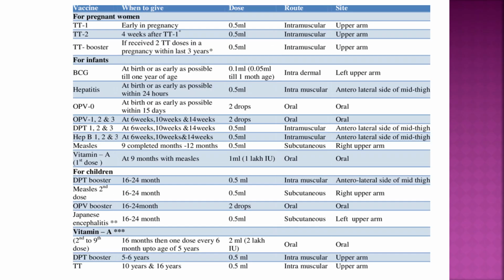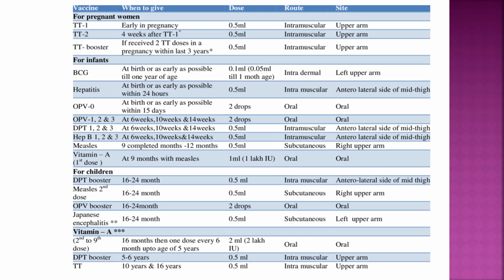This is the immunization schedule given for children. First, within 1 week of birth you have to give BCG, then polio, and then at 1.5 month, 2.5 month, and 3.5 month you have to give DPT along with polio and hepatitis B. After that you have to give a booster of DPT, then DT, TT at the age of 5 years.